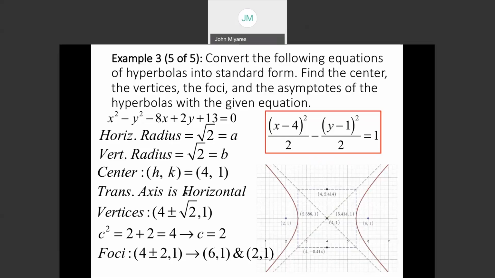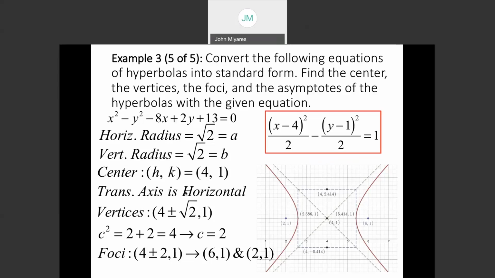Finally, we can sketch the graph. I'm not going to show it all step by step, but you can see here that the hyperbola has all the key properties we're looking for. We would start just like before by marking the center point at the coordinates (4, 1). Then we would locate the vertices and the co-vertices in order to form our box.